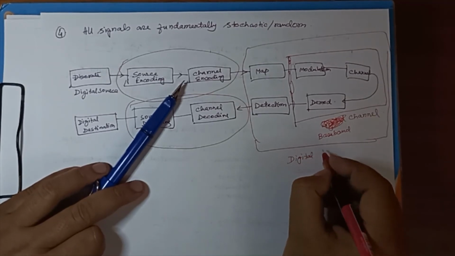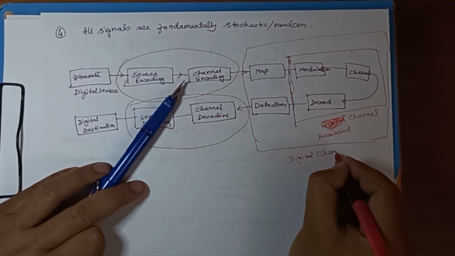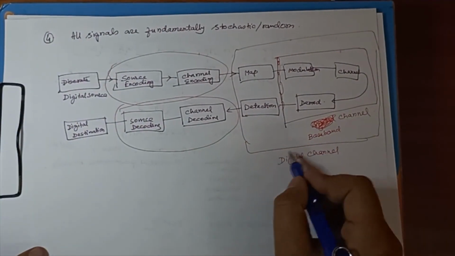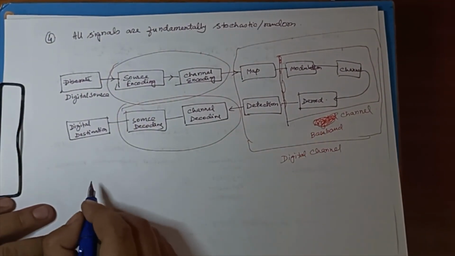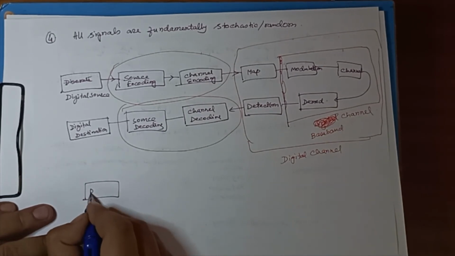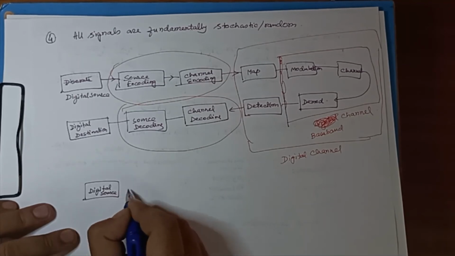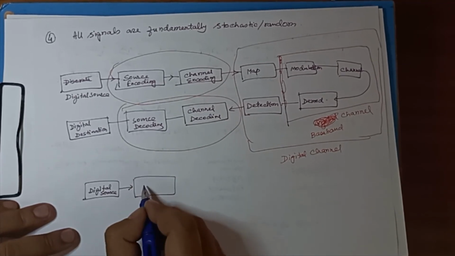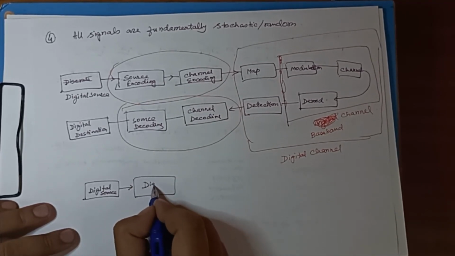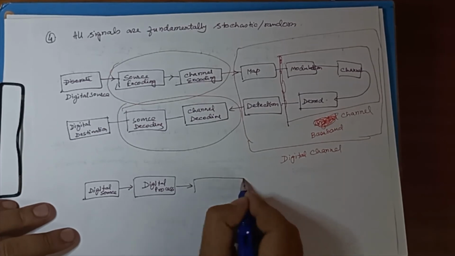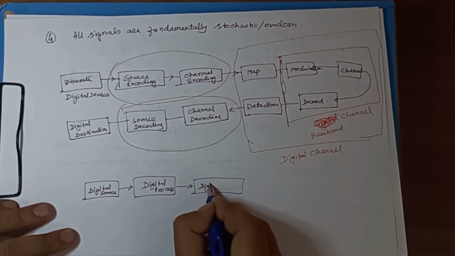So for different applications, we can visualize the block diagram in this way. If we work in the digital channel model, then you have a digital source, then digital processing, like information theory, which is source encoding and channel encoding, and then you put this into a digital channel.